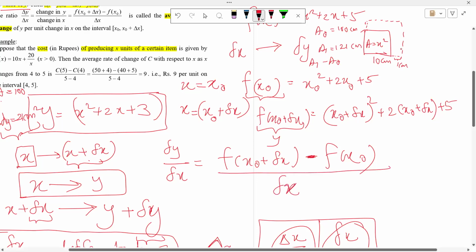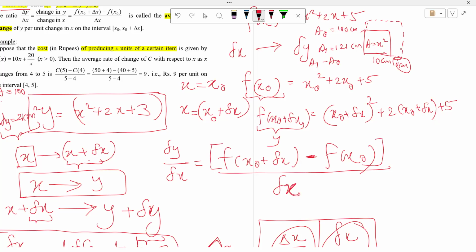Delta x here means 1 centimeter; we increased by a small value. If you increase the value of x by 1 centimeter, because of that a change happens on the variable y. This we can call the average rate of change.